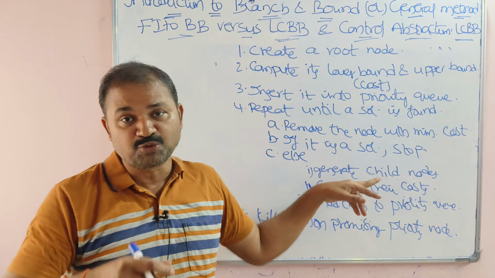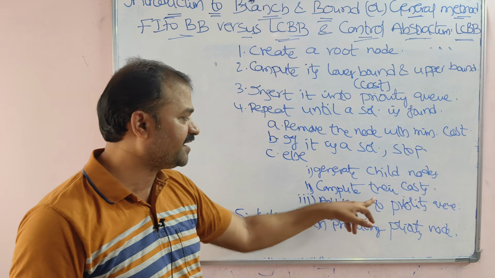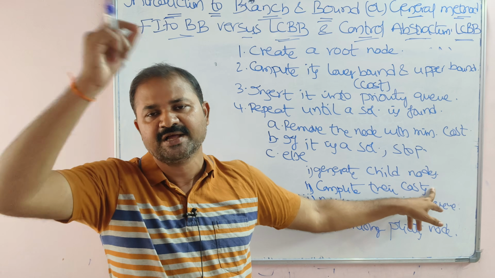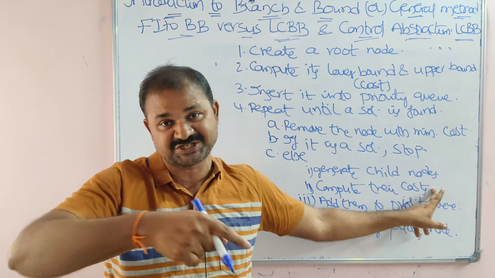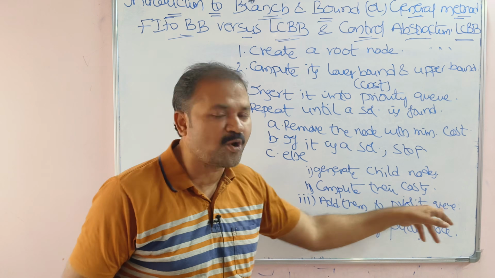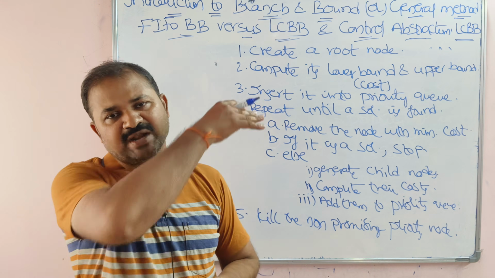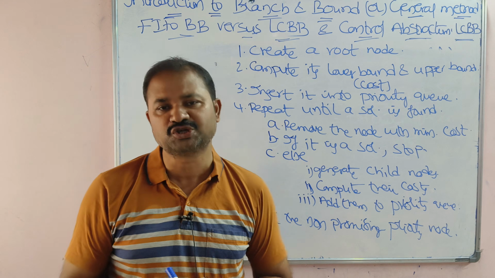Else, we have to generate the children of the root node. Next, for each child, we calculate the lower bound, which is the cost, as well as the upper bound, and then add the corresponding nodes to the priority queue. Likewise, we proceed until we get a solution node.